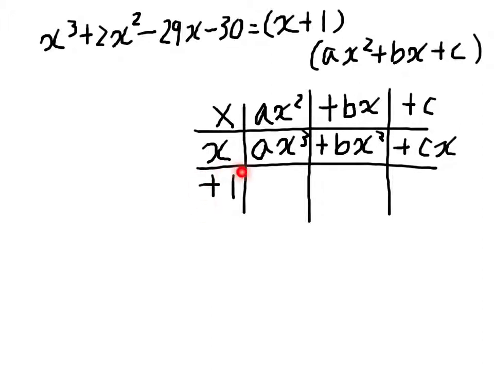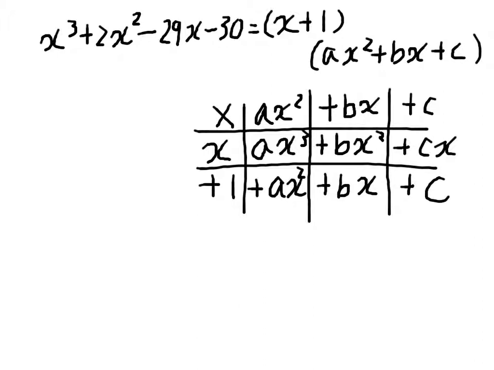Now I'm going to do 1 times ax squared. So that's plus ax squared, and 1 here times bx, so plus bx, and plus c. 1 times c is c.